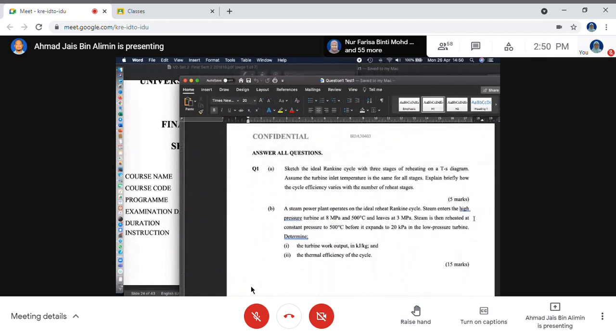Sketch the ideal Rankine cycle with 3 stages of reheating on a TS diagram. Okay, maka ada 5 markah. Kalau awak sketch simple TS diagram tapi tak dapat tunjukkan reheating stages, so dia dapat 1 markah. Okay, and then the steam power plant again operates on the ideal reheat Rankine cycle.